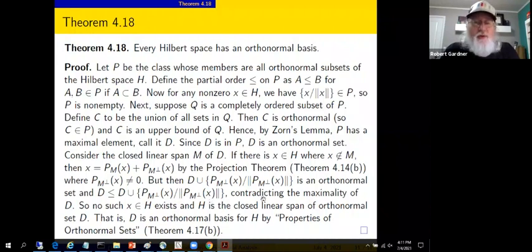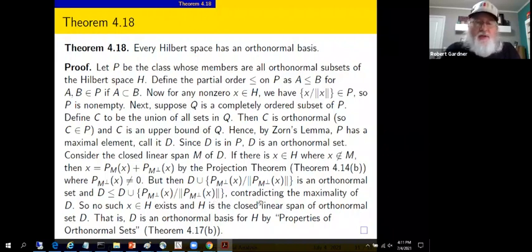Well, it's a contradiction because D was, where is it? D is an upper bound of Q. No, sorry, a maximal element. You can't find something bigger. We made an assumption, there's an X in H that's not in M, and we got a contradiction. We found a bigger set, bigger than the maximal element.